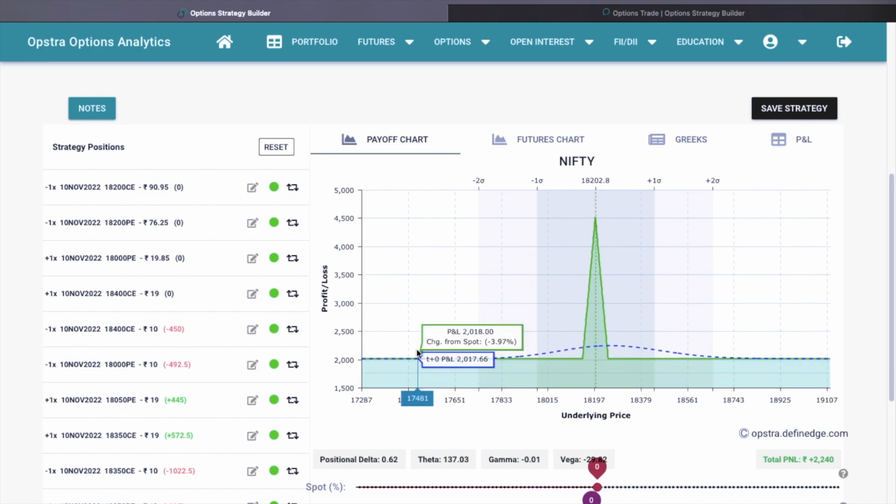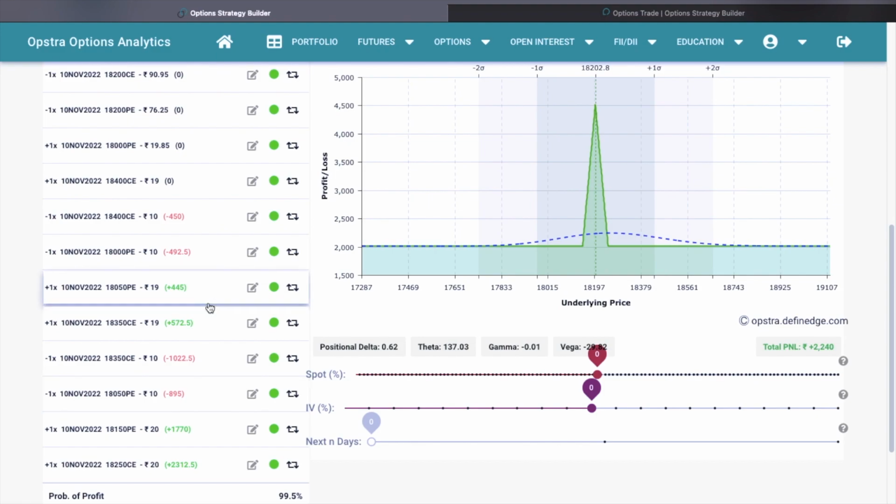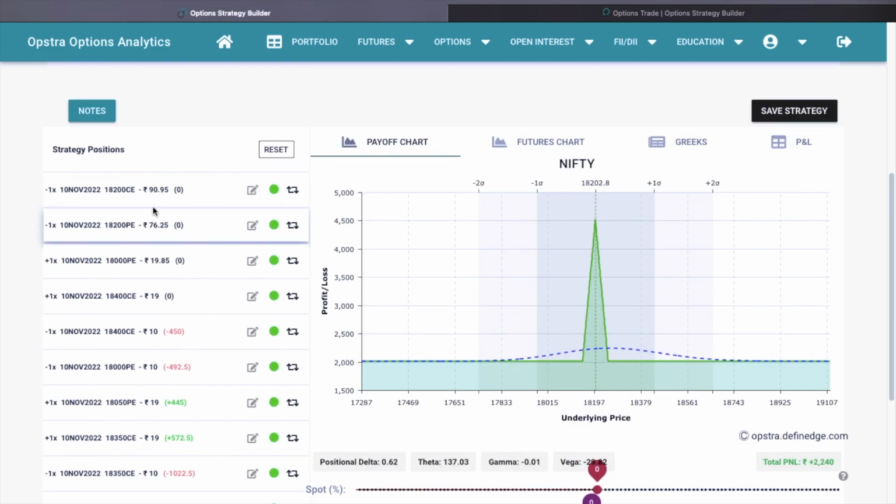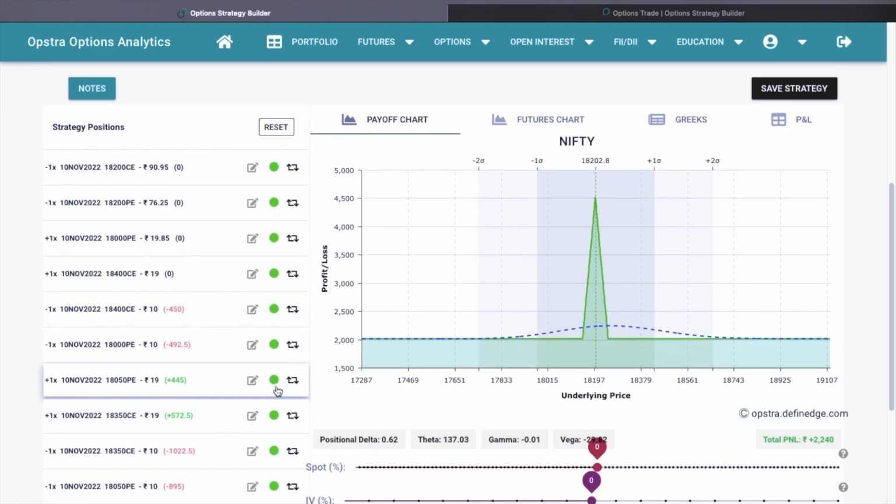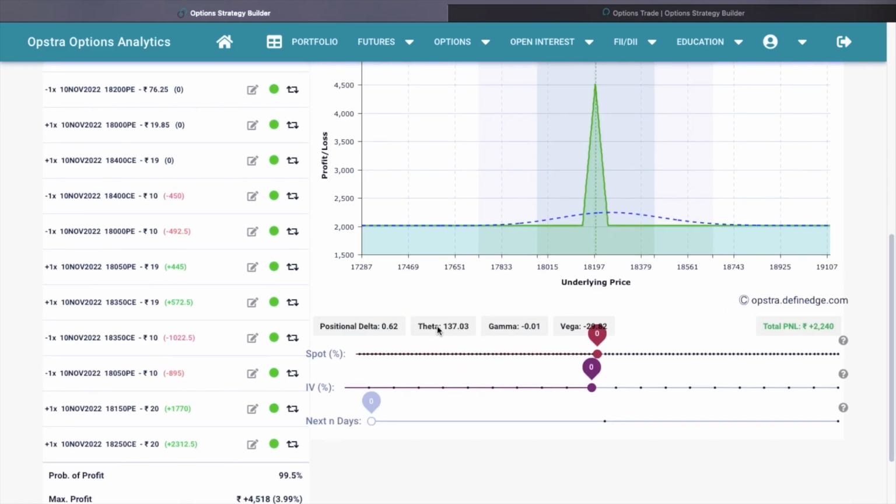Okay, this strategy can lose money only when at the initial position you would have taken this position and you would have bought this hedge. Then the market would have, let's say, moved to 18,100, 18,000. If it would have moved to 18,000, then you would be having a loss of, as I was showing you earlier, 2,600 rupees.